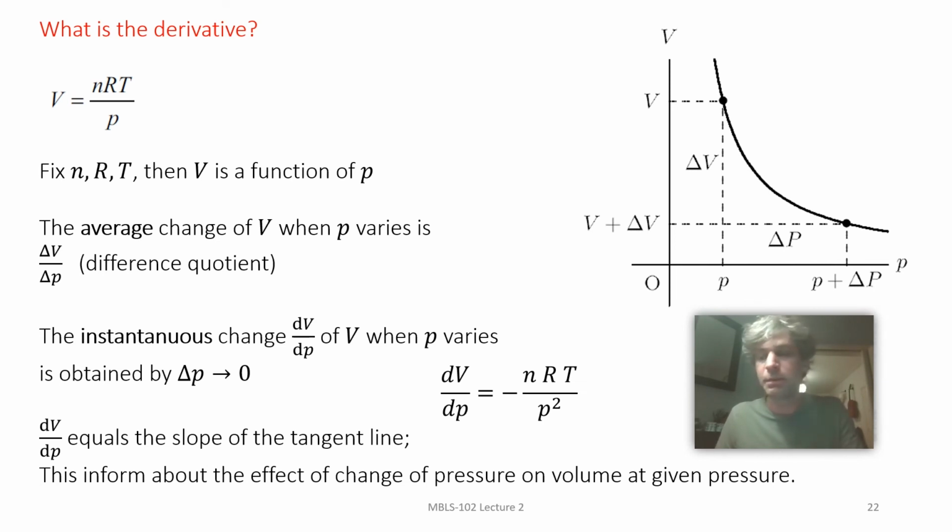Whereas if you look at the point more in that direction, the other point there, it's not so steep. And if I would increase the pressure here with the same small amount, then the response of the volume would be much less drastic. So what you see is that the bigger the pressure is, the less dramatic the response of the volume is to a small increase of the pressure.